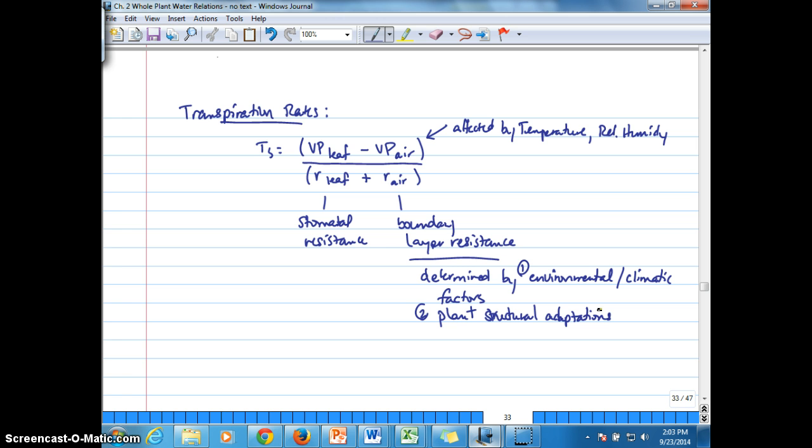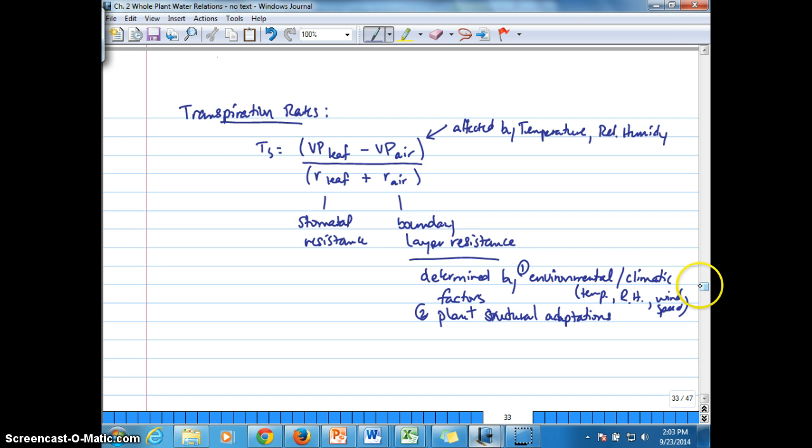Some morphology is unique to limit or affect the boundary layer resistance. The environmental factors we're talking about include temperature, relative humidity, but also wind speed, as we will see here shortly.